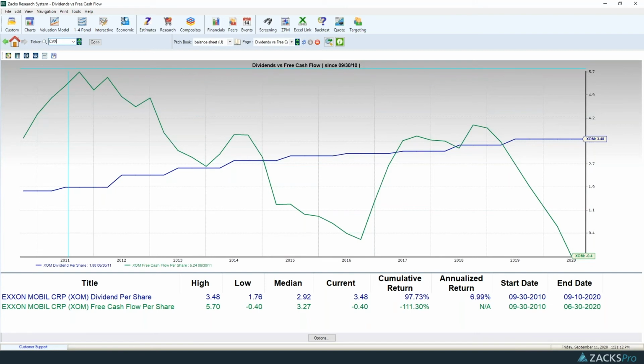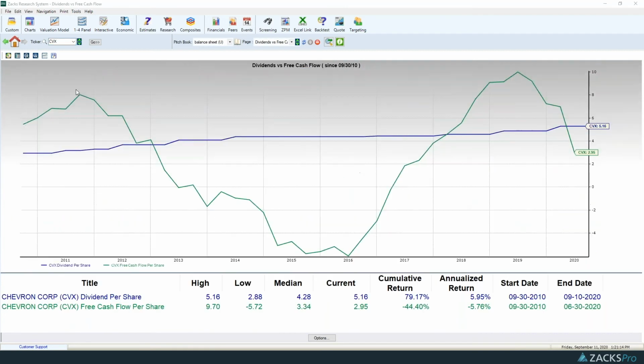So now let's shift to Chevron. And again, these are companies that are facing the same challenges, the same macro challenges. And you can see here that Chevron was also an offender in this area for many years, but at least they did turn it around heading into the COVID crisis.